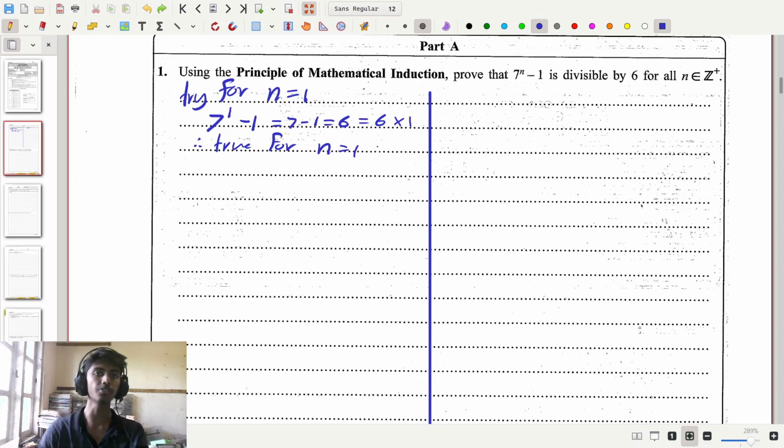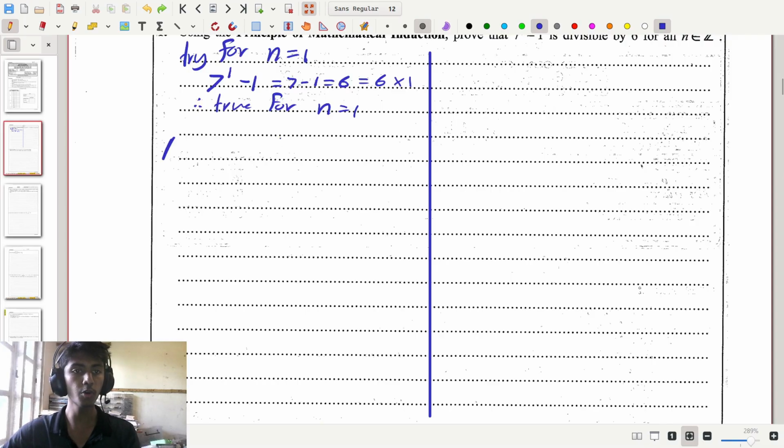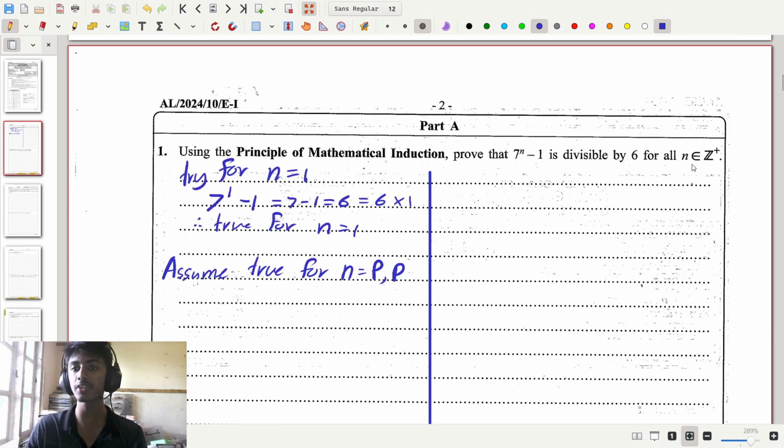Now the next step in mathematical induction would be to assume it is true for some element of the set we're trying to prove for, and then given that, try for the next element. So I'm going to say assume true for some element n equals p, where p is an element of the set of positive integers.